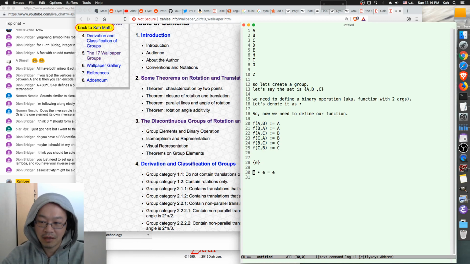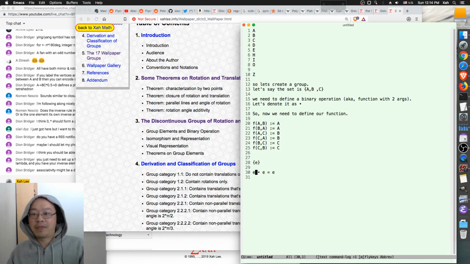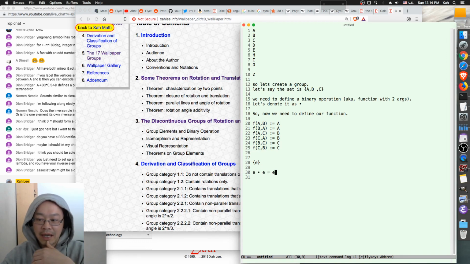Yes. The inverse rule says for every element there exists another element called its inverse, such that when they combine, they return the identity element. This is true for every element, and we only have one element. E is E, and E is also the identity. So that's satisfied.